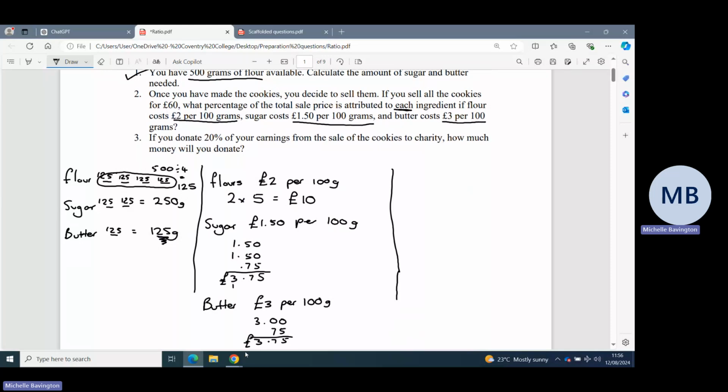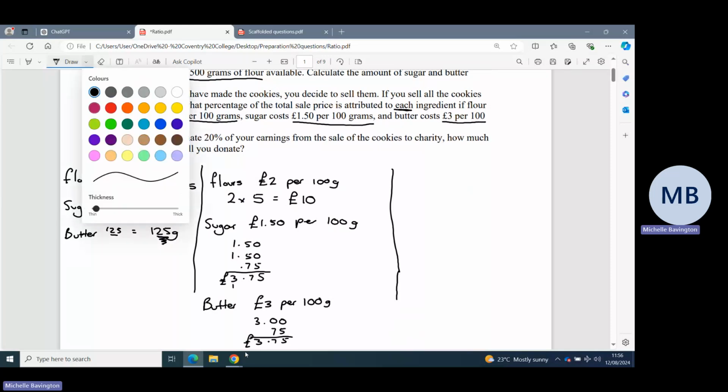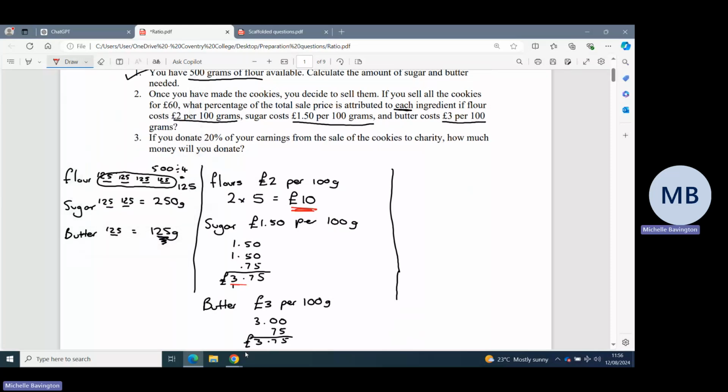That works out the same as the sugar. So the cost for each one is 10, 3.75 and 3.75. I'm just going to get rid of this a minute, make it a bit bigger.